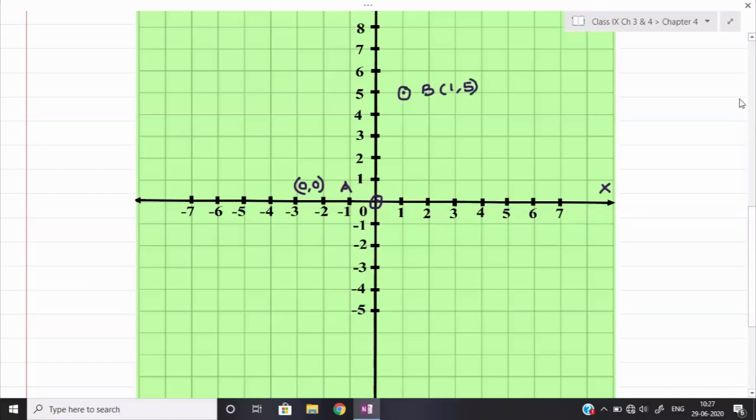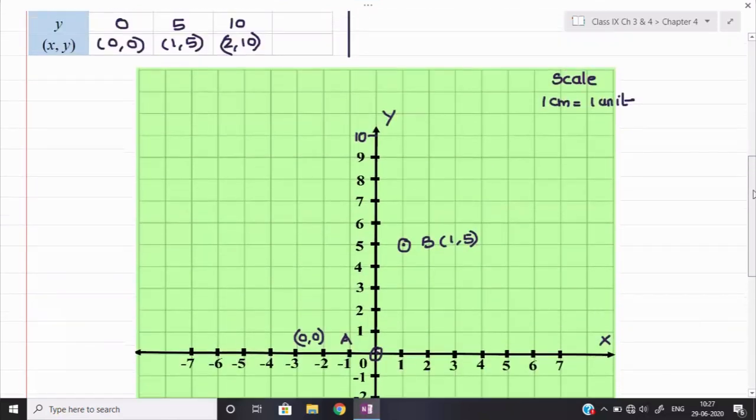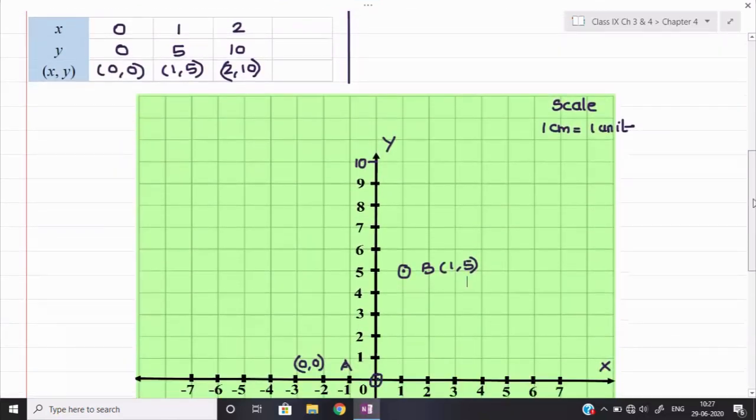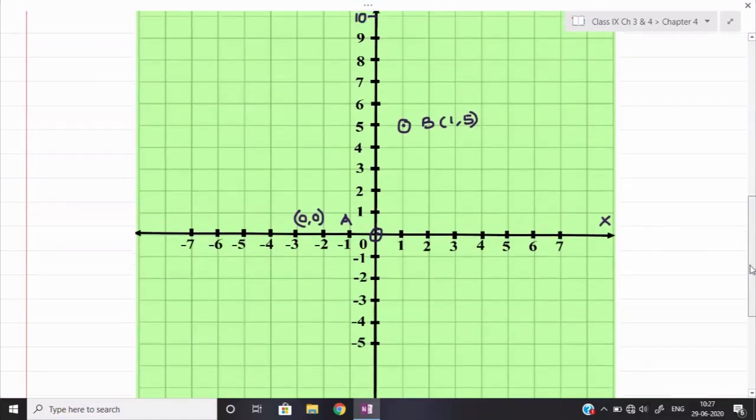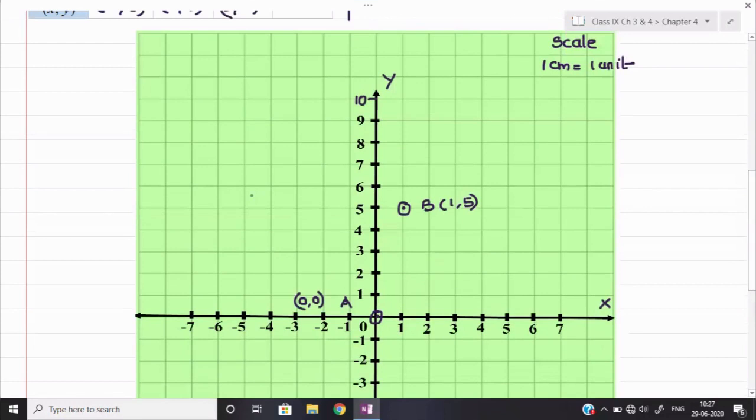Now similarly, the third point is x equal to 2 and y equal to 10. So x equal to 2 means on the x-axis we shall see 2 and then I will go up to 10 and mark. So, from x equal to 2 I will go in the upward direction and then I will mark a point over here in front of 10. This is my third and last point, C, that will be 2 comma 10.